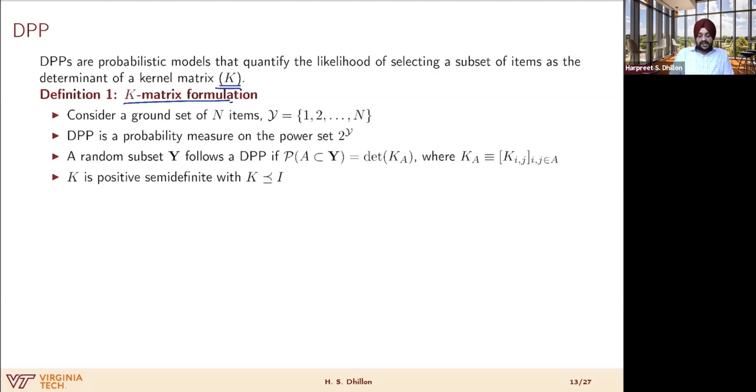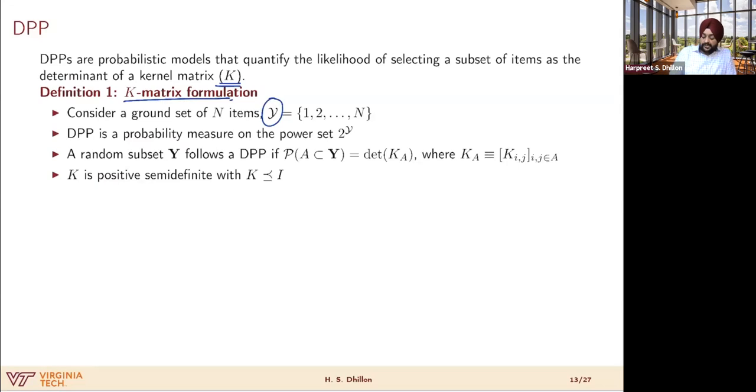So here you have a ground set of n items, as we said in the previous slide. This ground set is Y. Now, a DPP is a probability measure on the power set 2^Y, right? So it gives you the probability of selecting a specific subset of this ground set. Now, think of a random subset Y as a random variable, if you're trying to create an analogy with random variables.